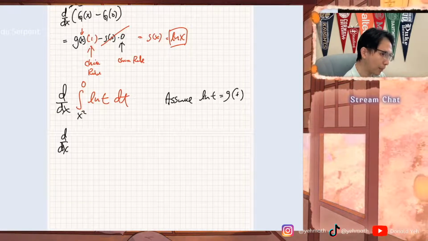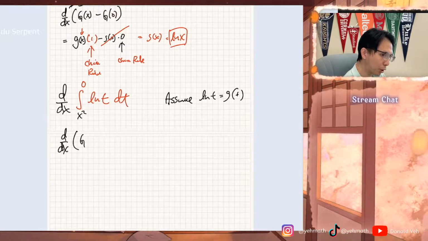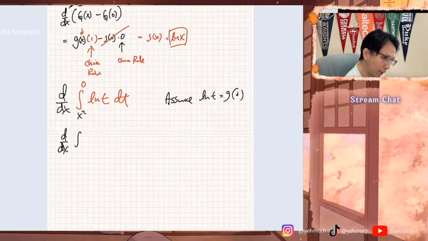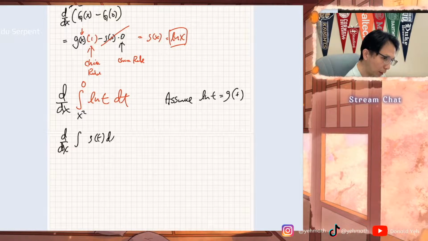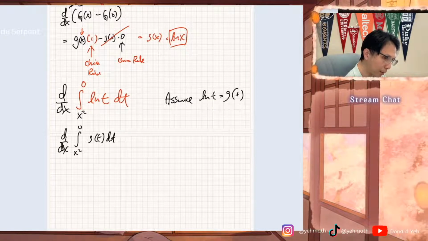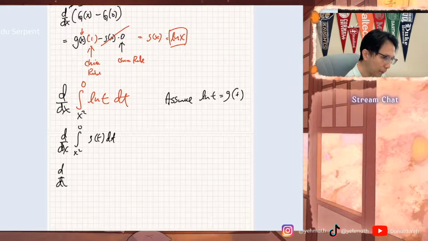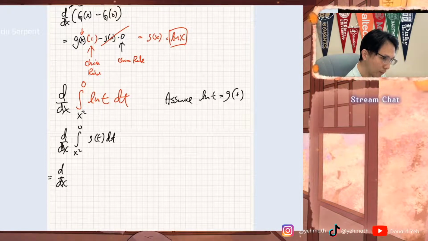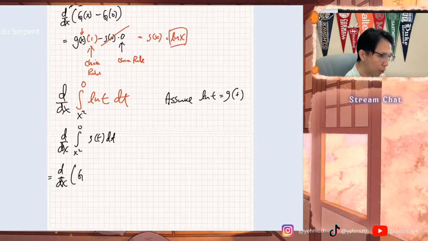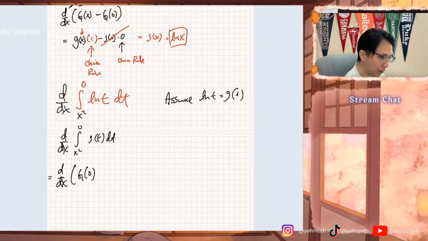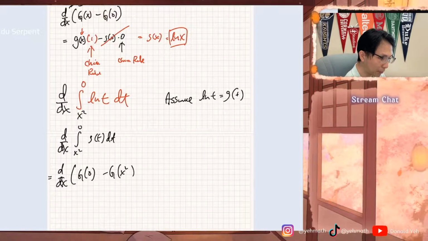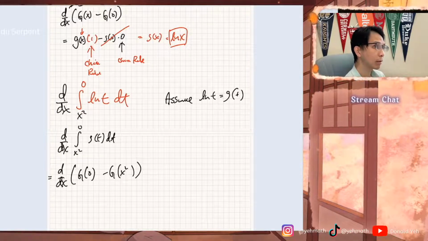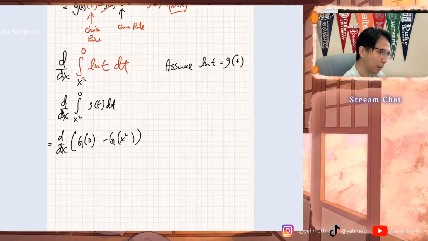And we know it's going to be the integration of g of t dt between x squared and 0. What am I going to get here? Big G of 0 minus big G of x squared, right? Am I going too fast? Now we're going to take a derivative of this with the chain rule.